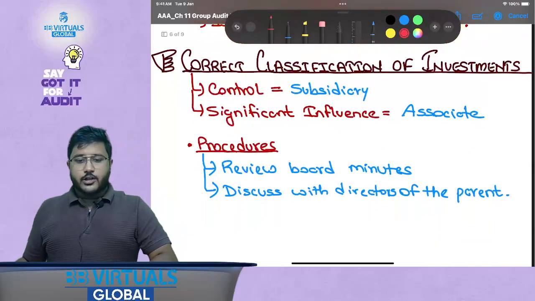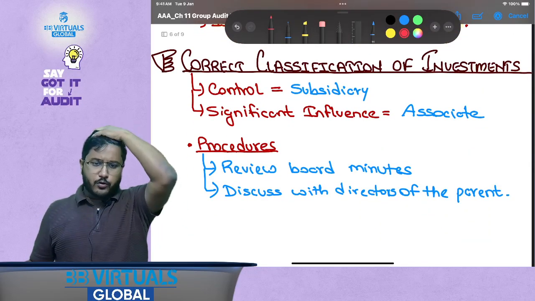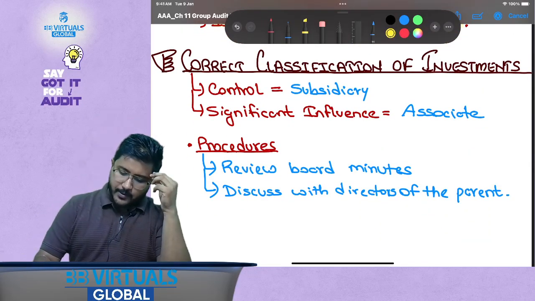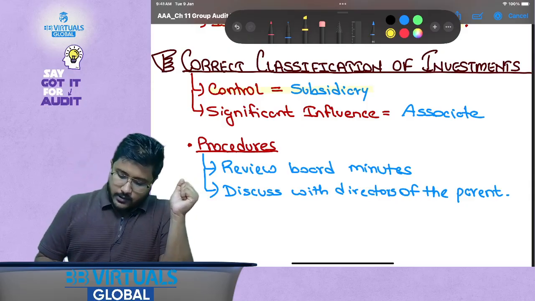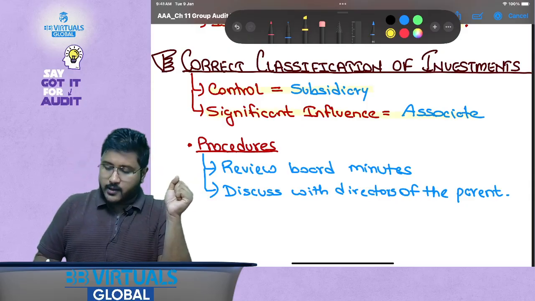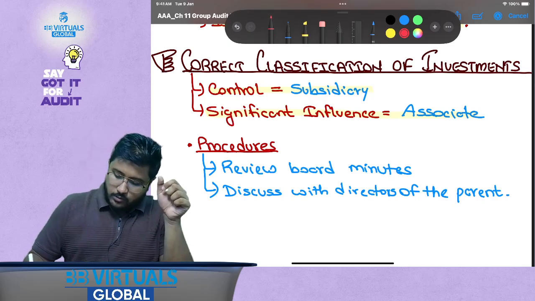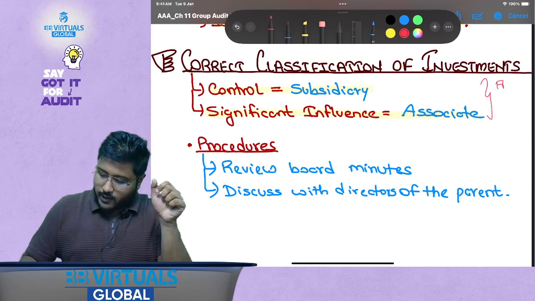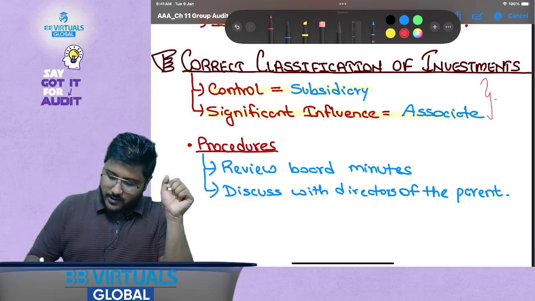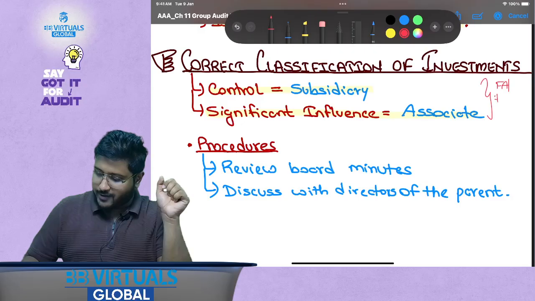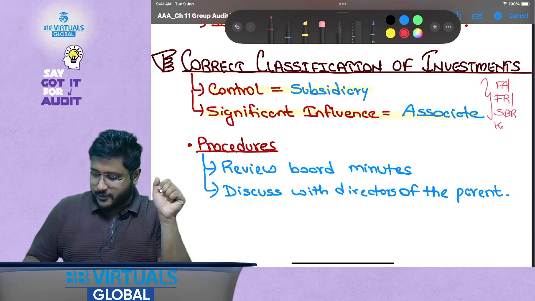Now, correct classification of investments. We have already discussed how the classification should happen. So control means subsidiary. That is, if you have control, it means it is your subsidiary, and significant influence means associate. Although this is your FA, FR or SBR knowledge. Okay, but let me just give you a brief about it.